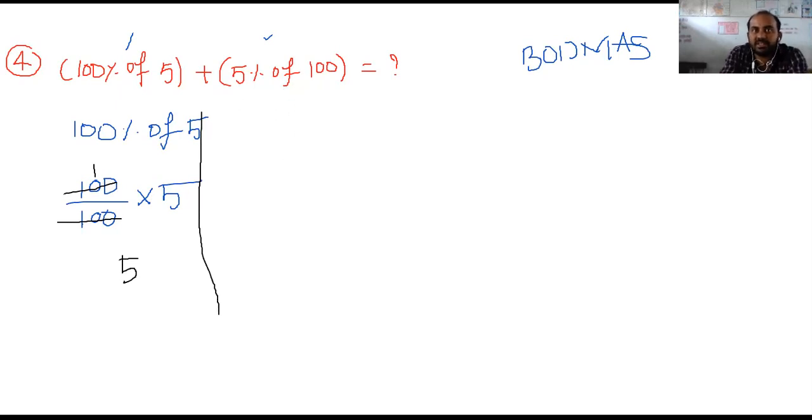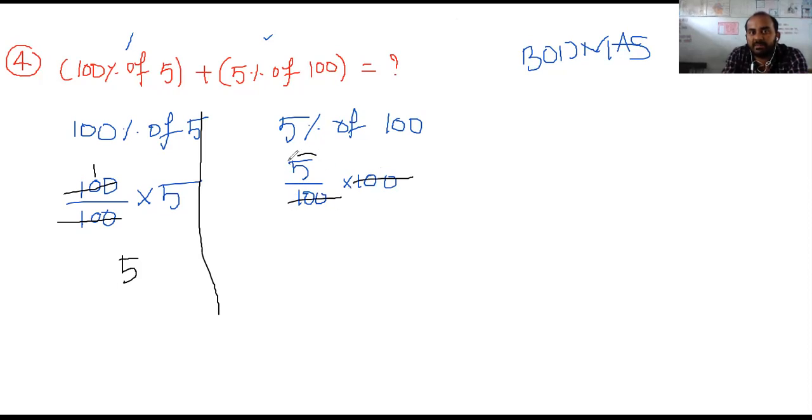Coming to the next part. 5% of 100, that is equal to 5 by 100 into 100. Here cancel numerator 100 and denominator 100.